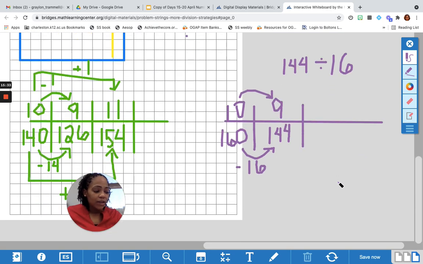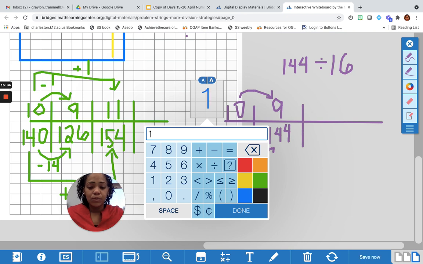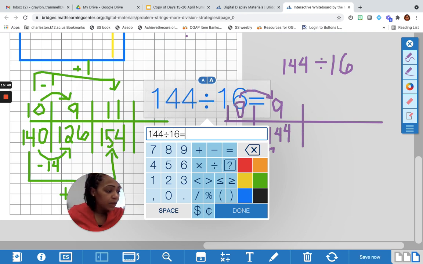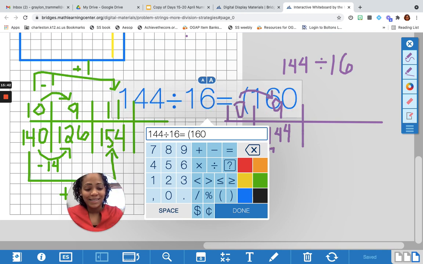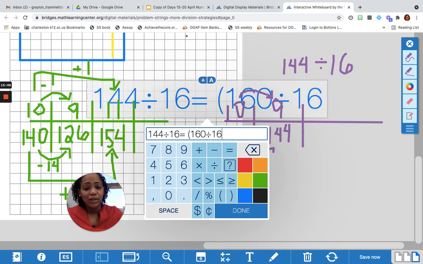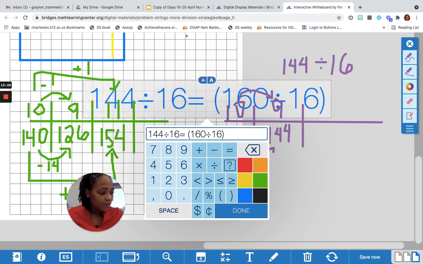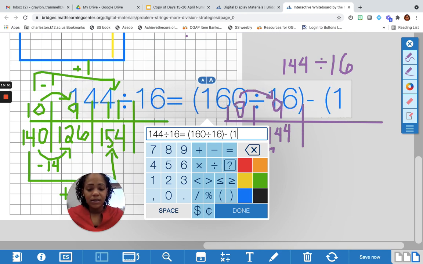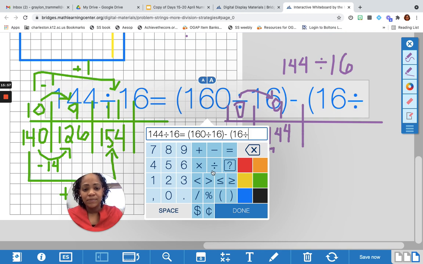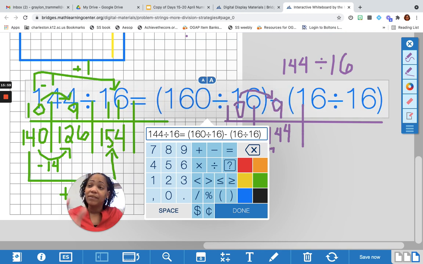Okay? Here's another way to think about it. We did 144 divided by 16, but really we thought about it as 160 divided by 16 because we know our times 10, that's our easy number to work with. And then we subtracted one group of 16, which is 16 divided by 16. You get 1. If I have 16 things and I want to put 16 things in a group, I'm only going to have one group. Okay?